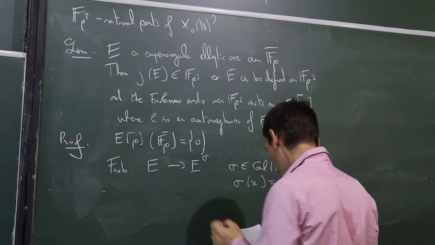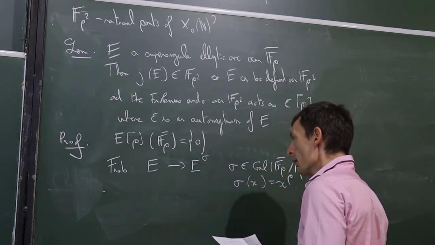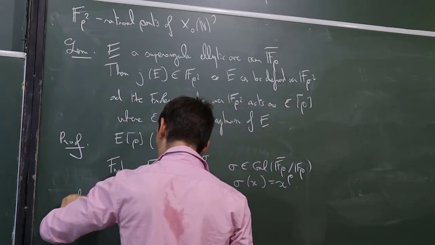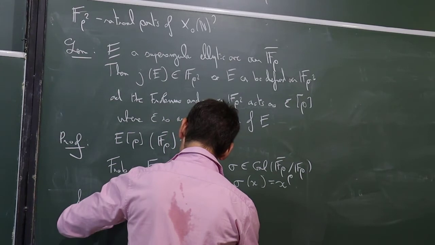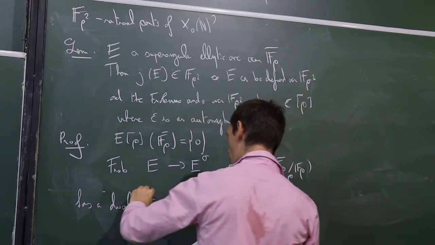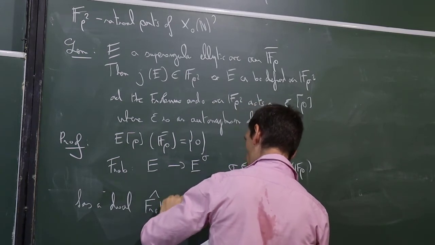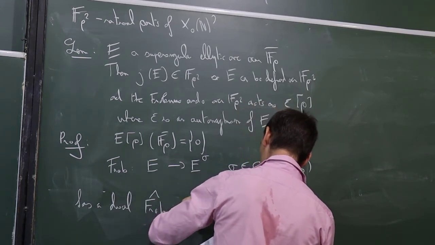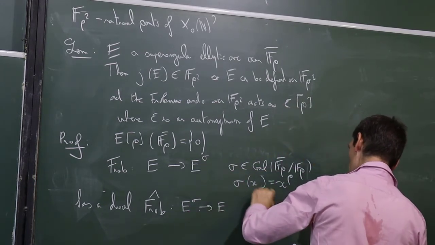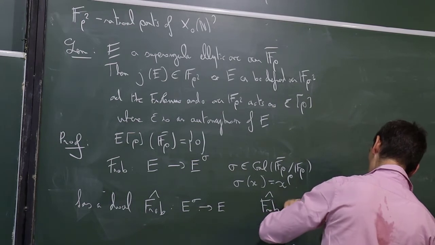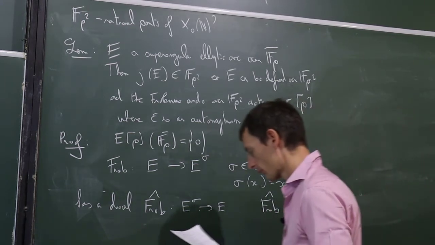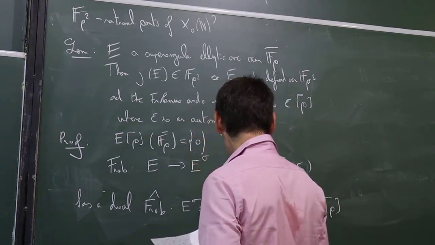If I take this Frobenius, it is an isogeny and it has a dual, which is sometimes called the Verschiebung. So the dual of the Frobenius goes from E^sigma to E, and as every dual, it has the property that Frob composed with its dual is just the multiplication by the degree.